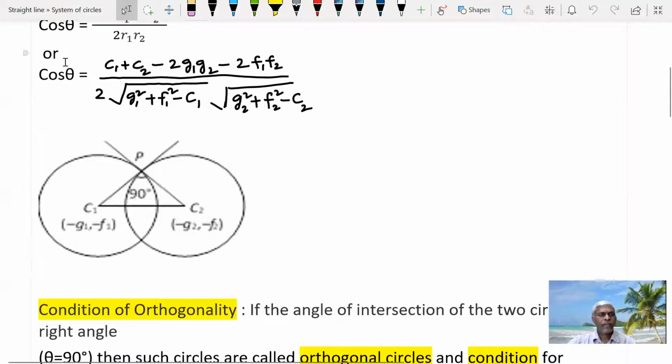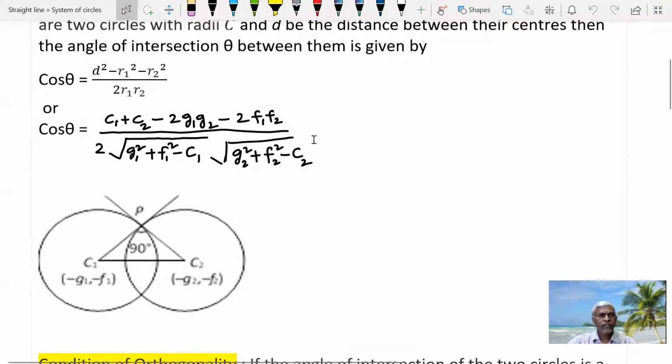Or cos theta is equal to c1 plus c2 minus 2 g1 g2 minus 2 f1 f2 by 2 under root g1 square plus f1 square minus c1 under root g2 square plus f2 square minus c2. You can find the angle by using either of these two formulas.